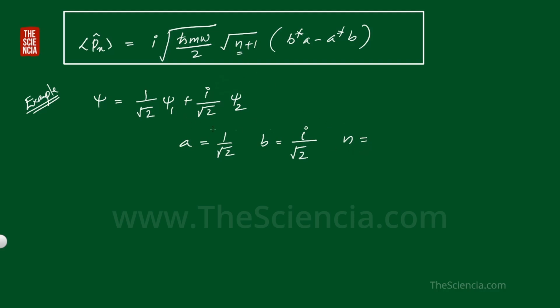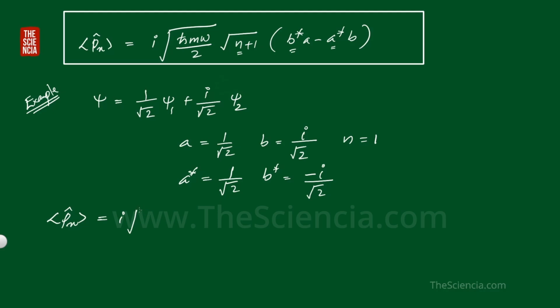So the n value is equal to the lowest state, that is 1. And we have to evaluate B star and A star. A star is equal to 1 by root 2, this is a real value, so that one is okay, and B star, here there is an i, so that becomes minus i by root 2.